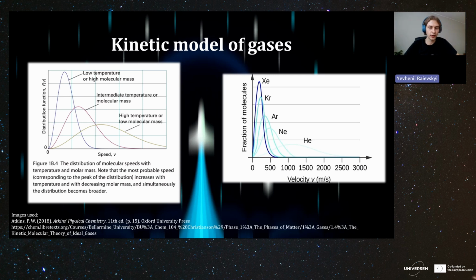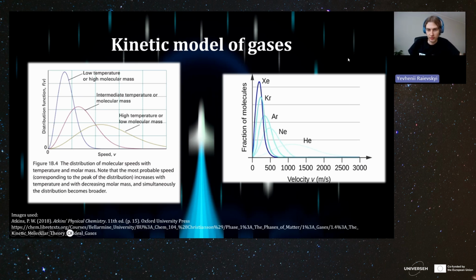For example, for helium it is 4 grams per mole, for hydrogen as a molecule H2 it is 2 grams per mole, and so on. If the molecule is very light, has a very small mass, then its velocity is huge.